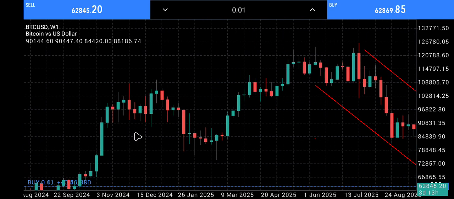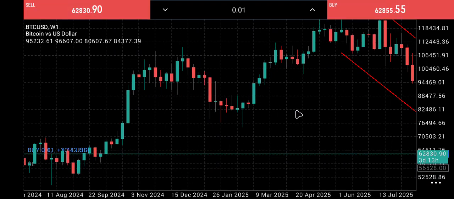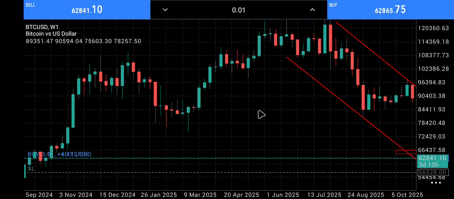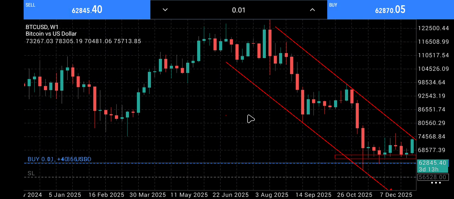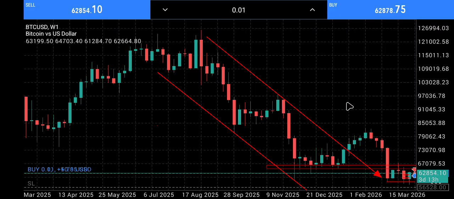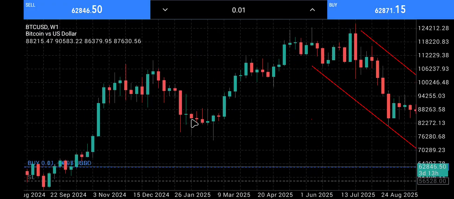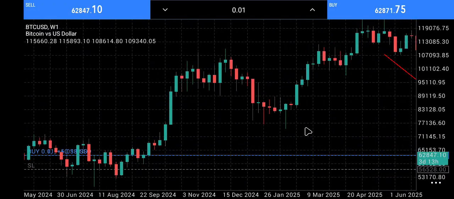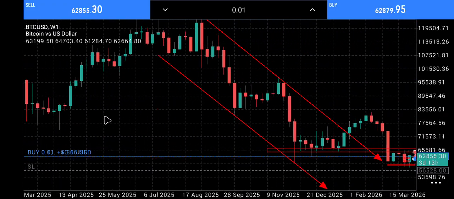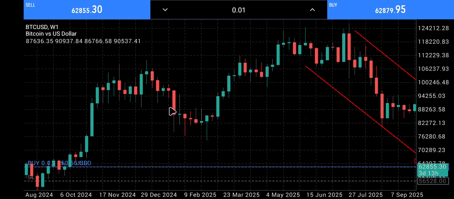And remember, guys, you don't just buy from the middle of nowhere. You have to point out areas of value where you can place your orders. Like here, yes, we have this hammer, right?